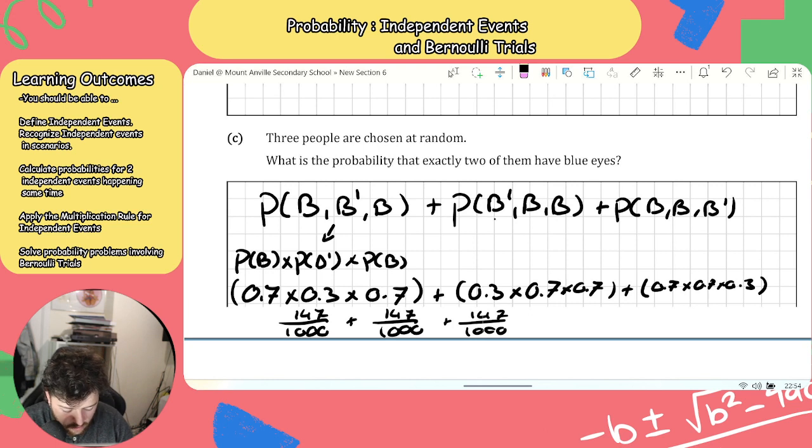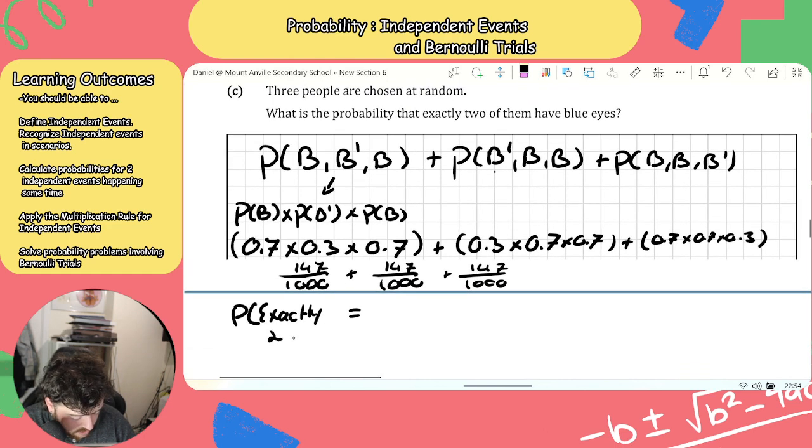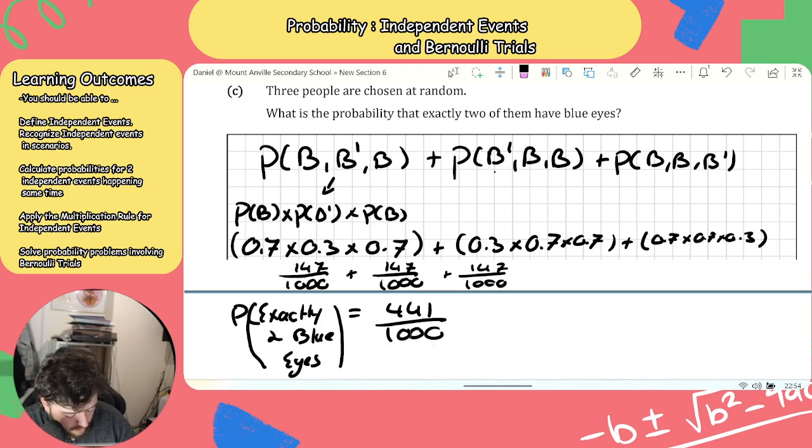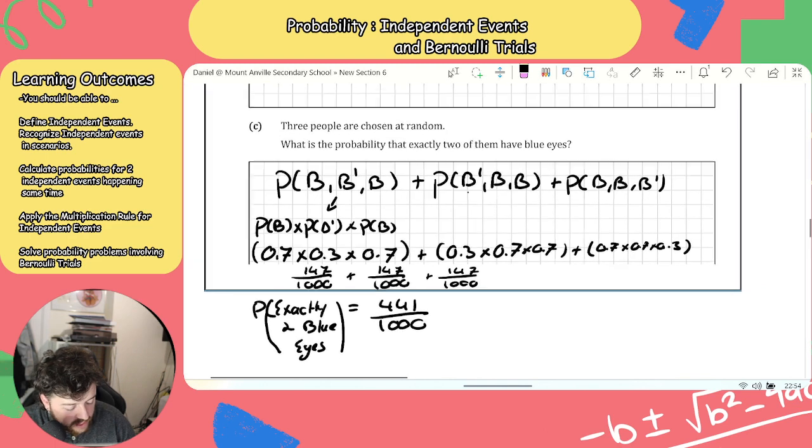In total, the probability of exactly 2 blue eyes is 441 over 1000. So that's the final question there.